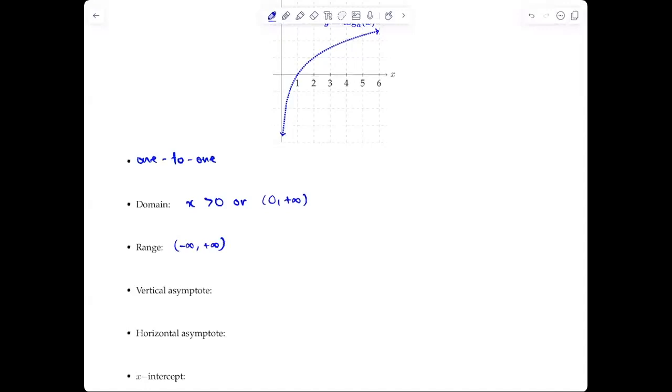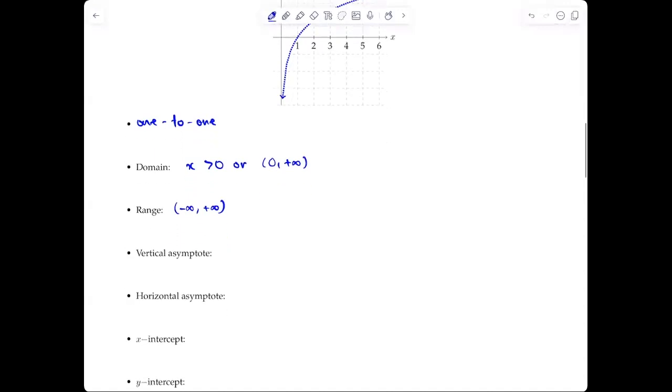Exponential functions have no vertical asymptote, but for logarithmic functions, you always have a vertical asymptote. In this case, it is x equals 0, because you exclude 0 from the domain here. Therefore, x equals 0 is the vertical asymptote.